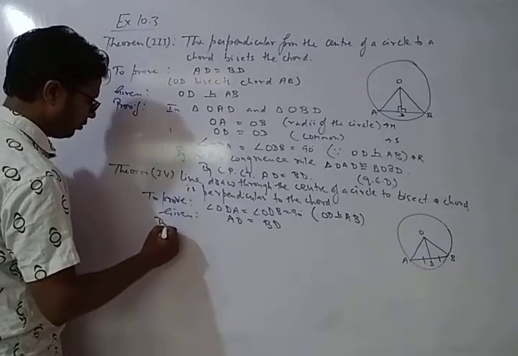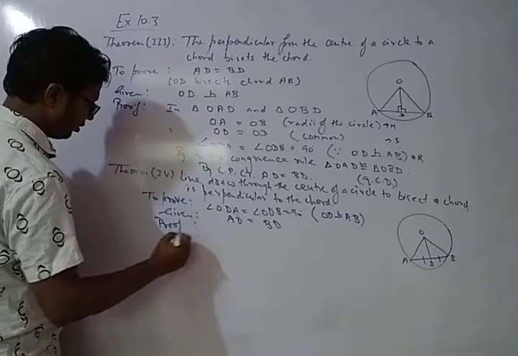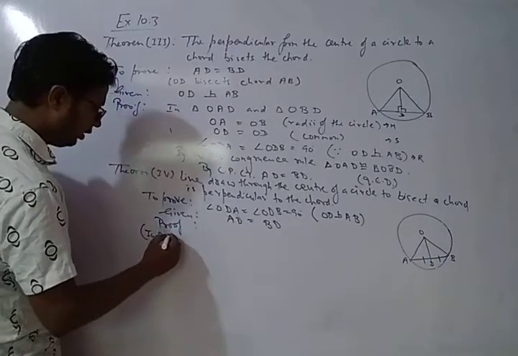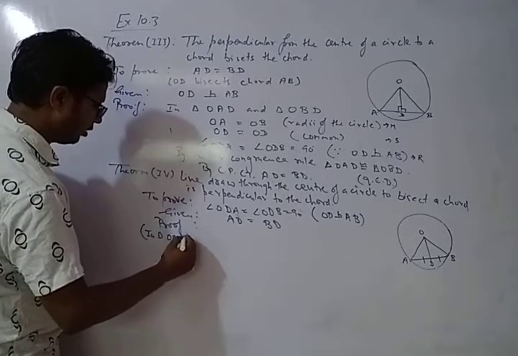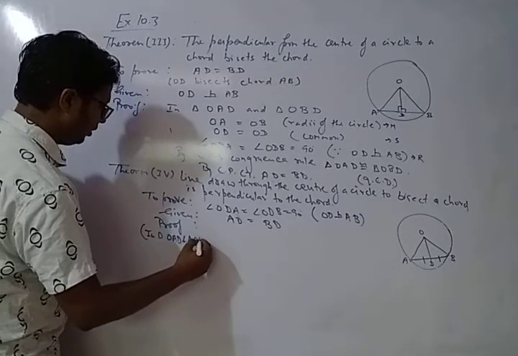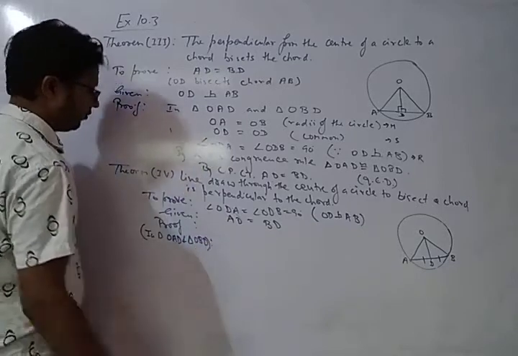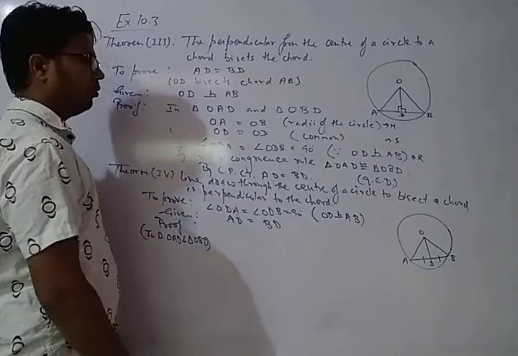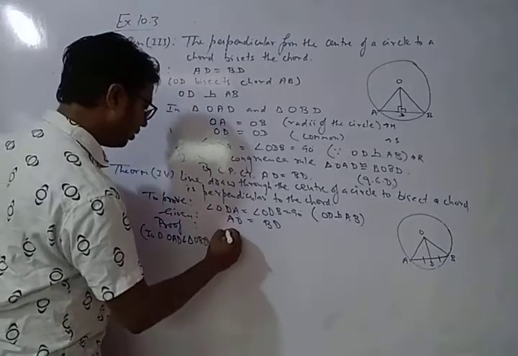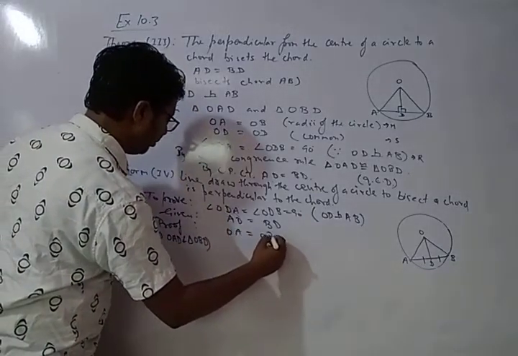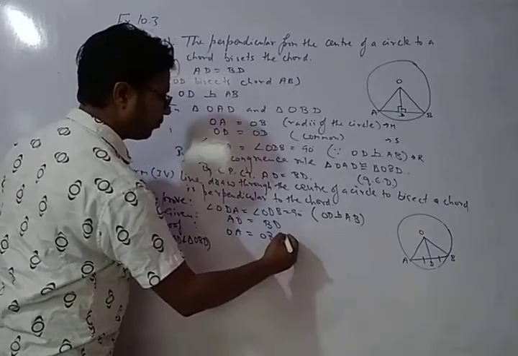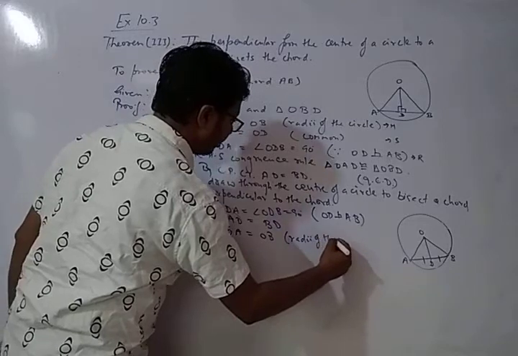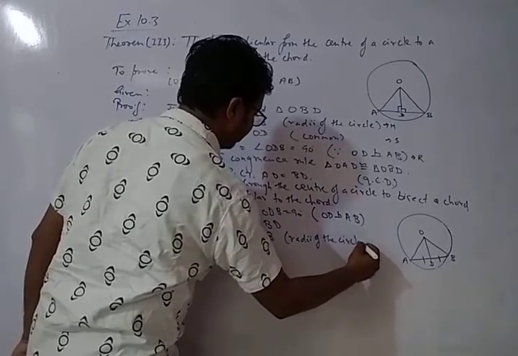Now see the proof. In triangle OAD and triangle OBD, see that OA is equal to OB, radii of the circle.